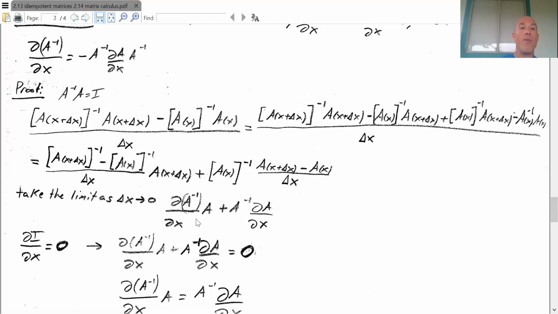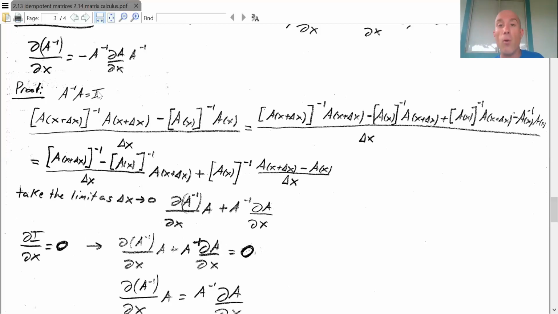All right. Now, I know that if I come up here and I take the derivative of the left-hand side, I get this part. Now, what about I? If I take the derivative of I with respect to x, does I depend on x? No, it doesn't. It's a constant. What do we get when we take a derivative of a constant? We get 0.